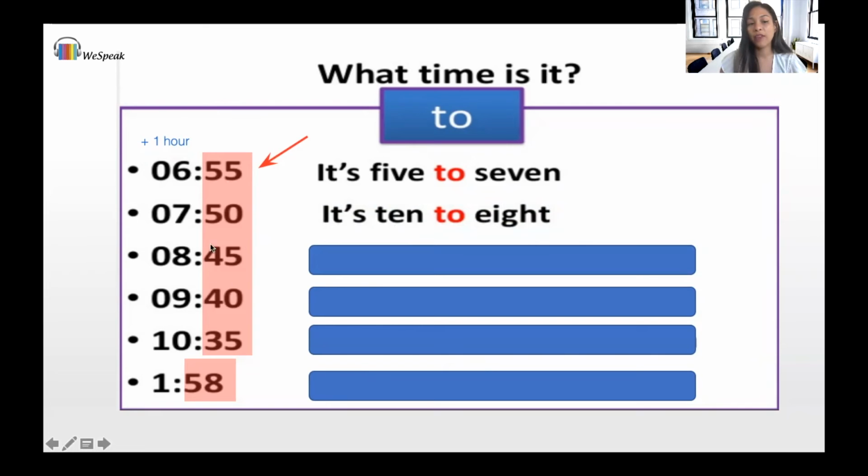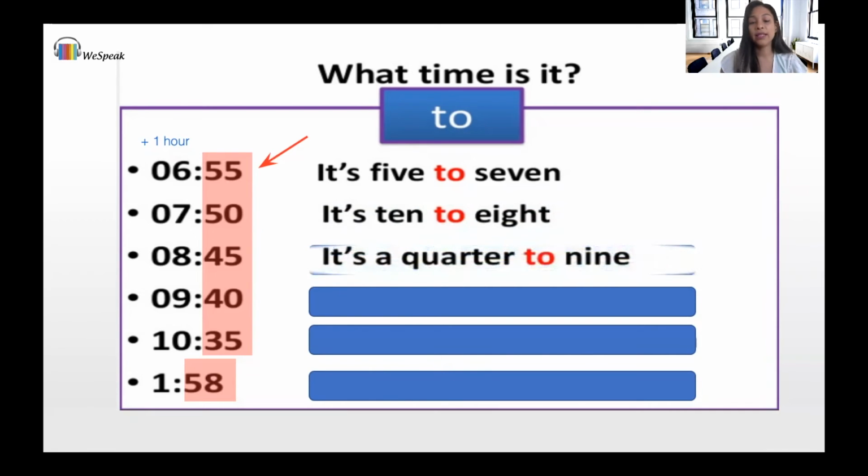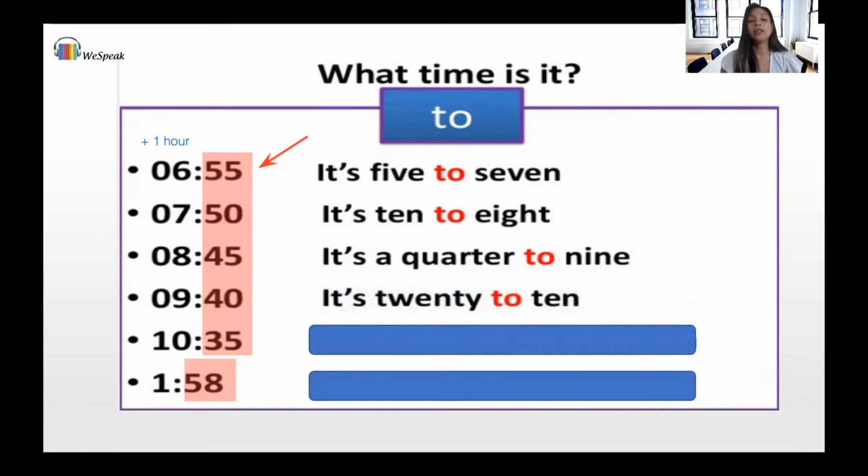Okay, I have 45 minutes here. It means 15 minutes left to the next hour. It's a quarter to 9. It's 20 to 10.